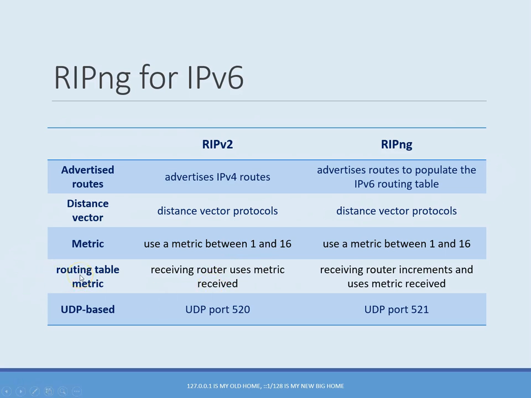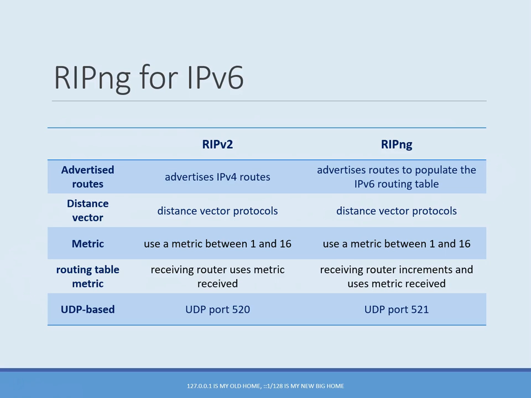In terms of routing table metric, in RIPv2 and of course RIPv1, the metric received in the routing update is the metric the receiving router uses in its routing table for that network. So there is nothing done as a router, it just needs to receive this update and save it.